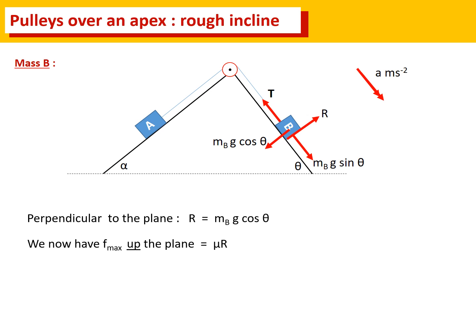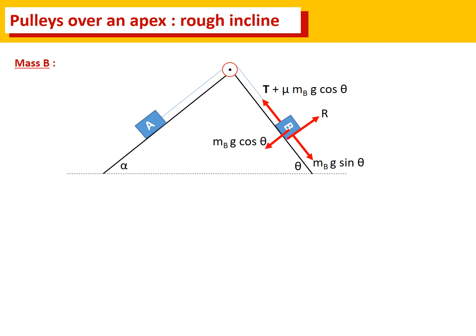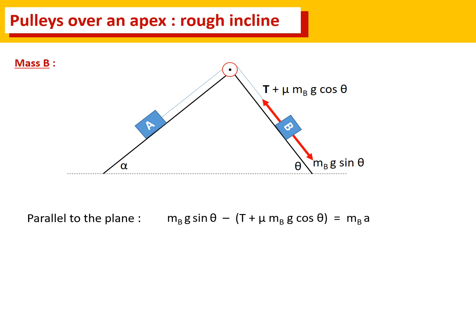And it's at its maximum, so that friction is mu R. So we have that component acting up the incline. So parallel to the plane, we can rid ourselves of the perpendicular vectors, and we end up with the weight component down the incline minus the tension minus the friction equals mass times acceleration.